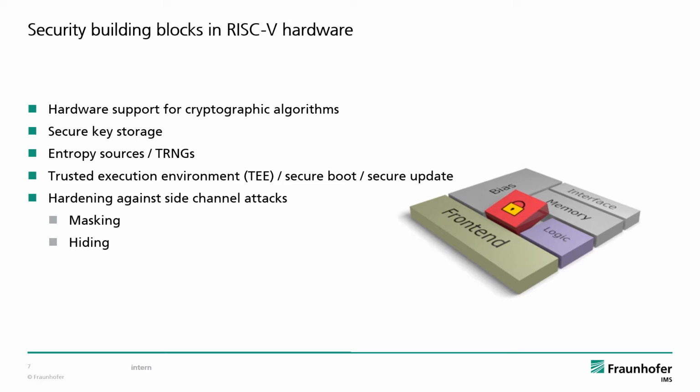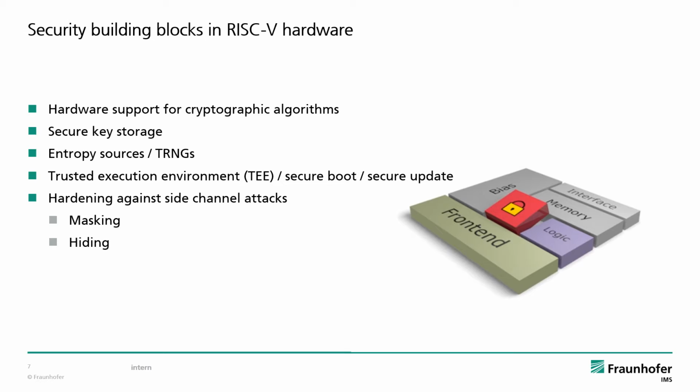This includes secure boot mechanisms, which make sure your firmware hasn't been tampered with, and secure update protocols, which, for example, check the origin of firmware updates. But a trusted execution environment can also include all kinds of special register sets or even fully isolated auxiliary cores, which only run security subroutines.